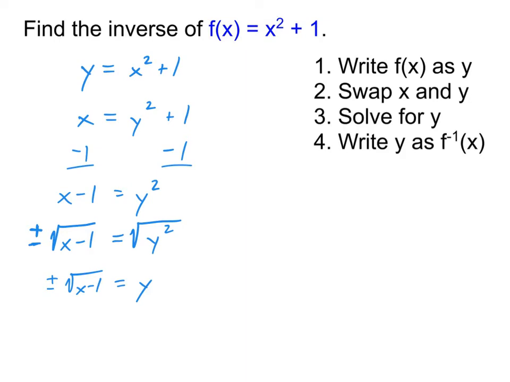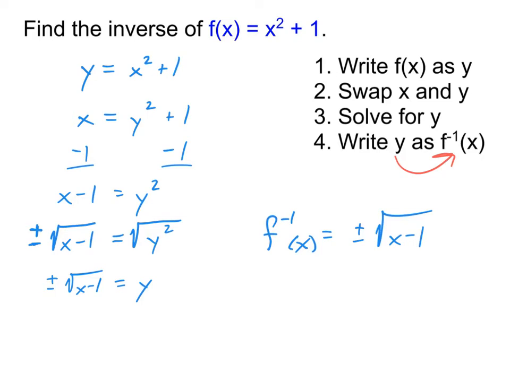So in that sort of case, we just take our y and rewrite it as the inverse of f of x. And so our final answer will be the inverse of f of x equals plus or minus, yes, you need the plus or minus, square root of x minus 1. That is our inverse equation.